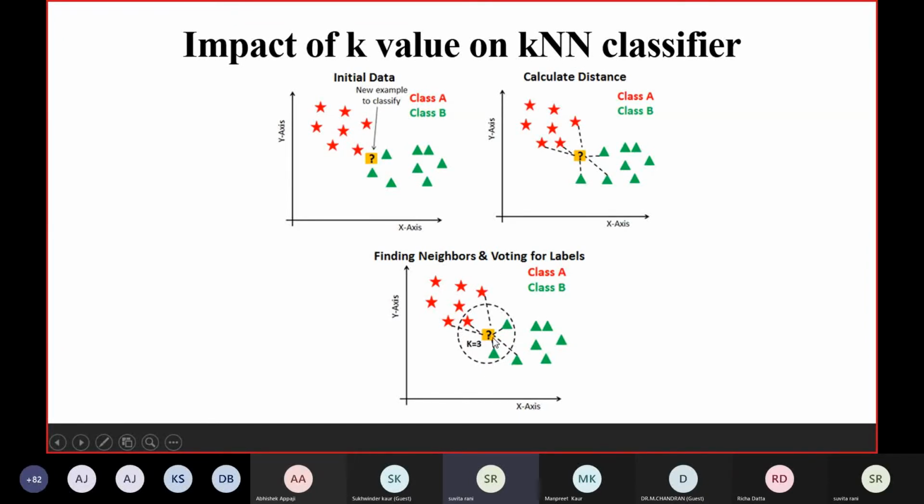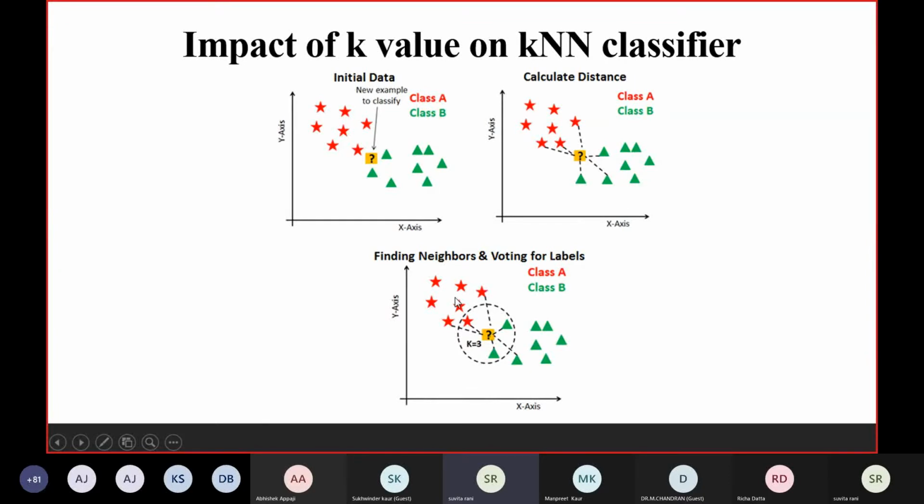It searches the nearest 3 neighbors. Why? Because the k value is 3, and the majority of neighbors belong to either class A or B, and the unknown data is classified to that class.